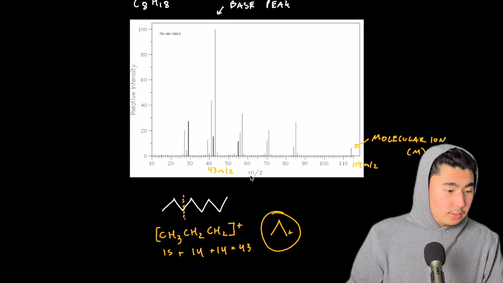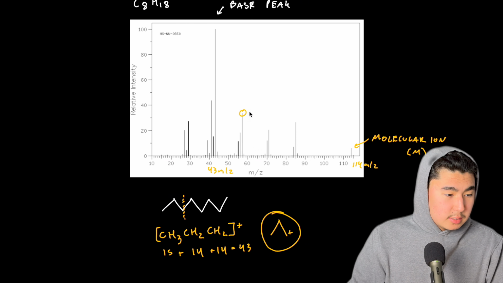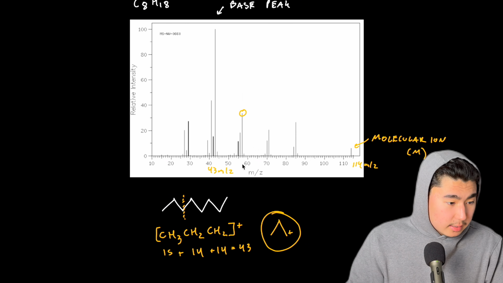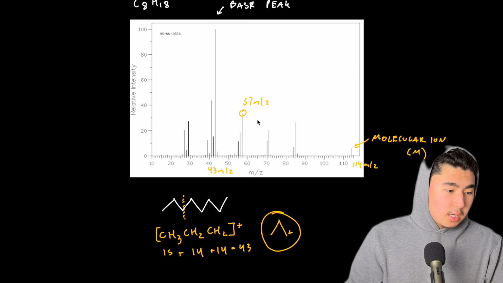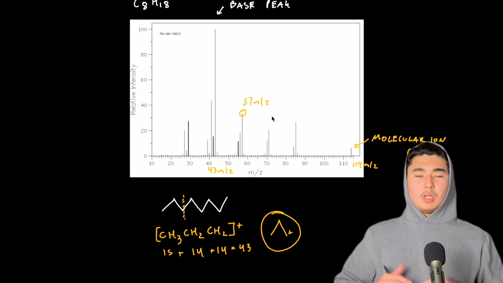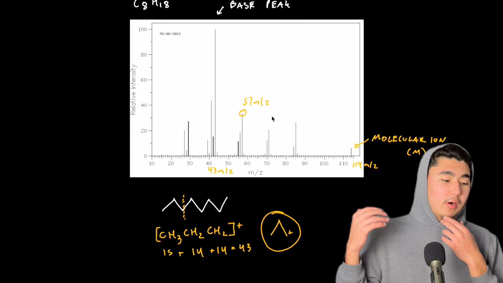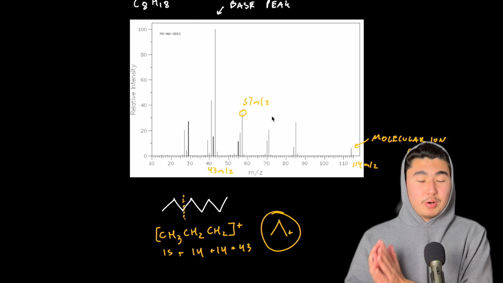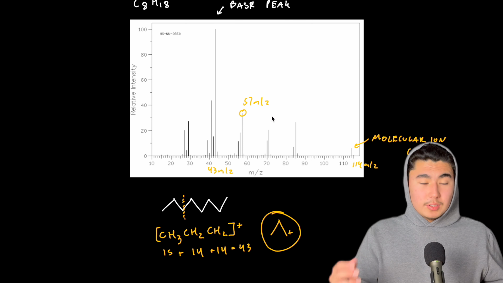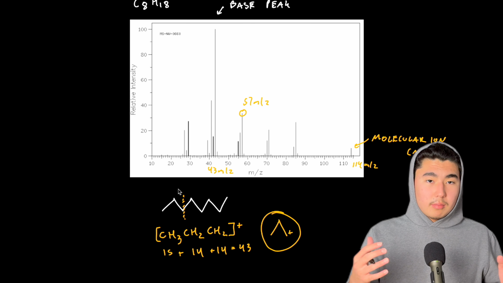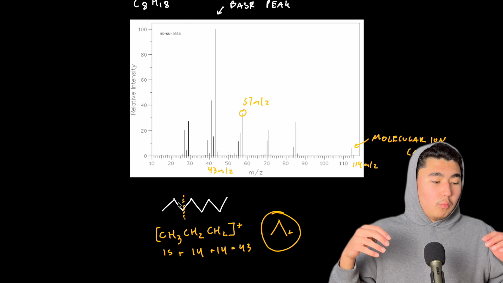Let's say we wanted to look at this peak right here, which looks like it's about 57, so a mass to charge ratio of 57. All we have to do is think about how we can get to that special 57. We look at our isomer, our molecule, and see what we can add.